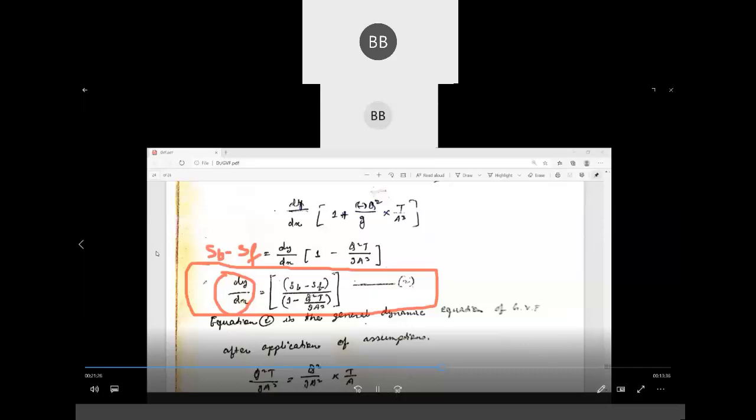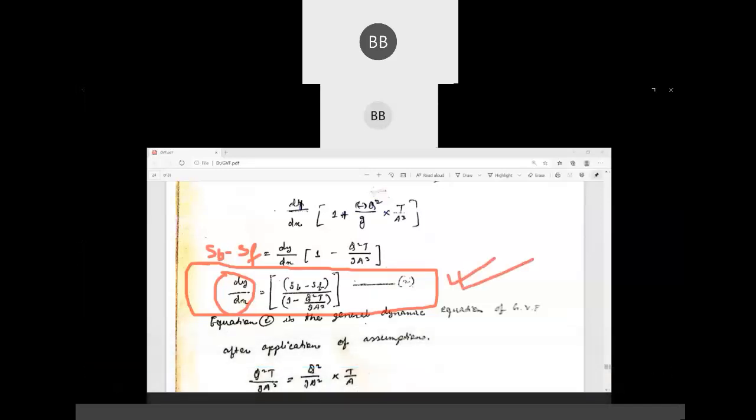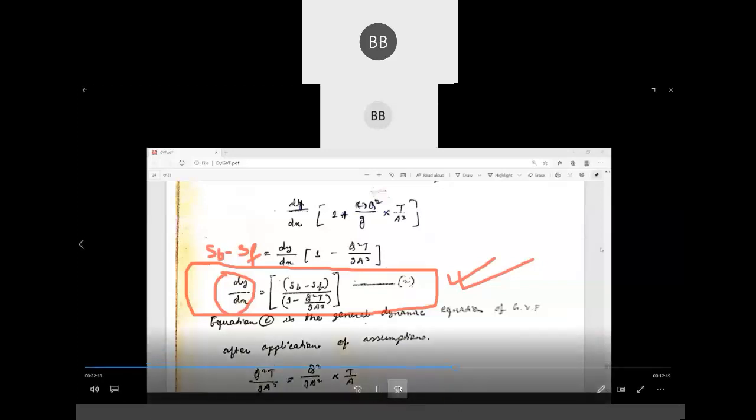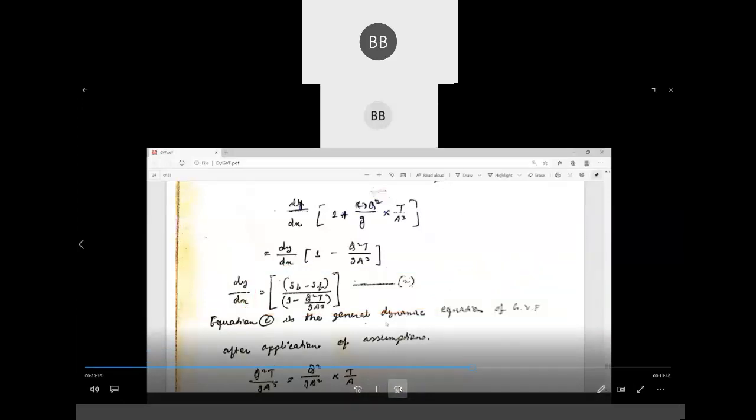So this is the general dynamic equation for gradually varying flow. Equation 2 is the general dynamic equation of gradually varied flow.